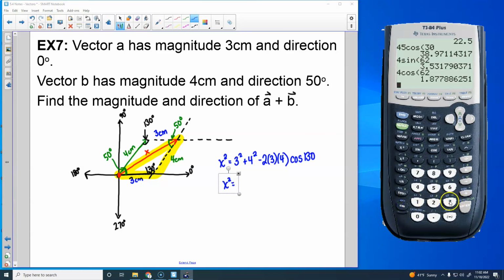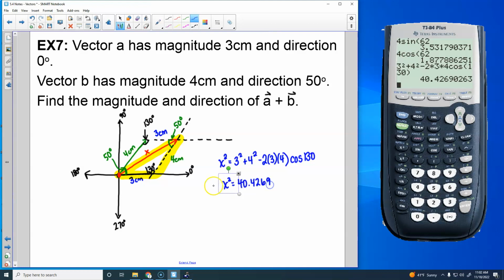And 3 squared plus 4 squared minus 2 times 3 times 4 cosine 130 is going to be 40.4269. But then I have to take the square root. So square root there is going to give us 6.358.